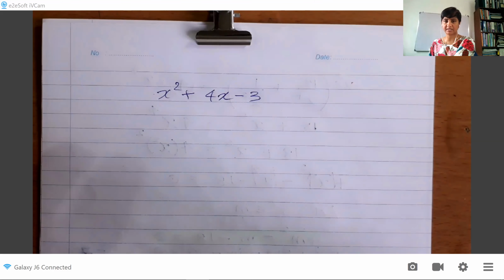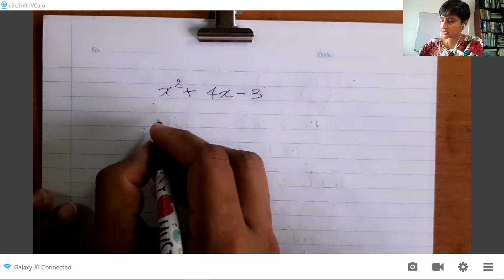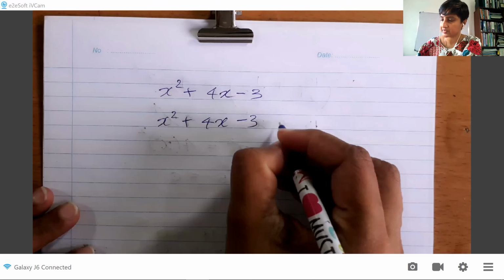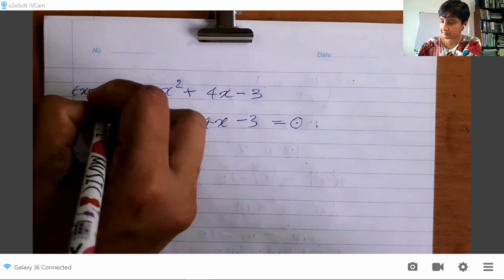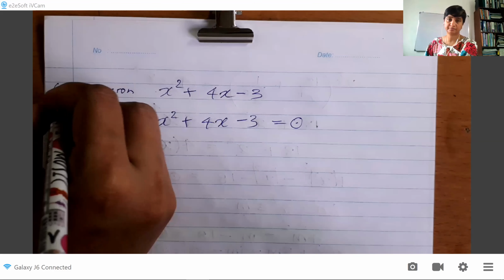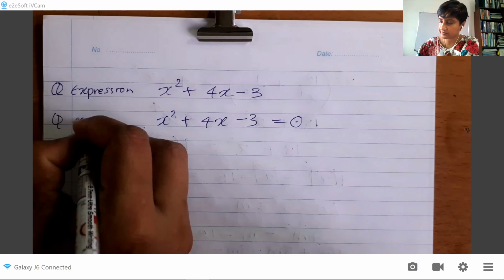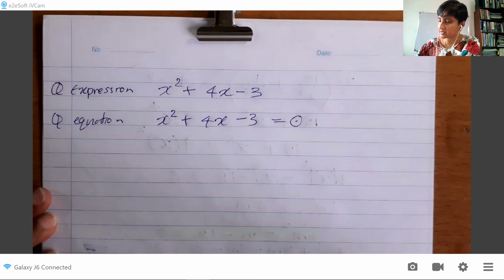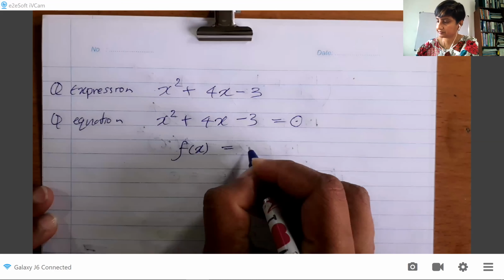That's just a quadratic. Here's a quadratic equation: x squared plus 4x minus 3 equals 0. This is the quadratic expression. Here's the quadratic equation. Here's the corresponding quadratic function.